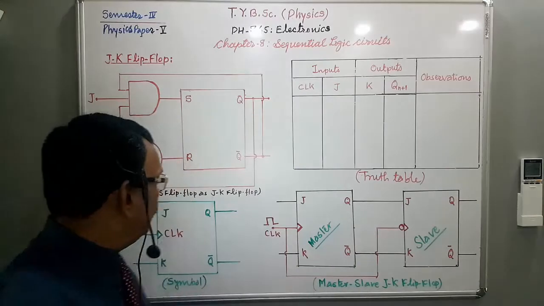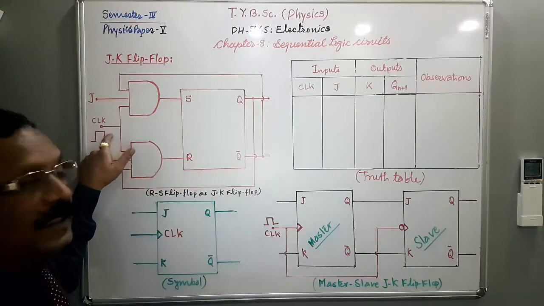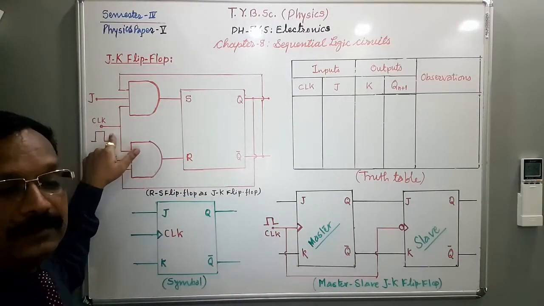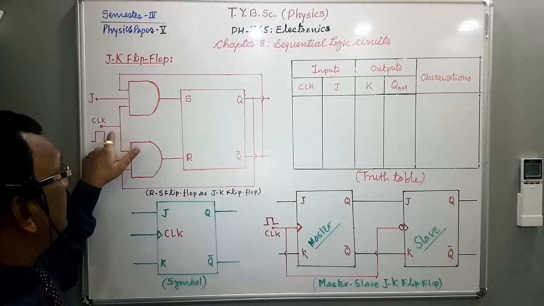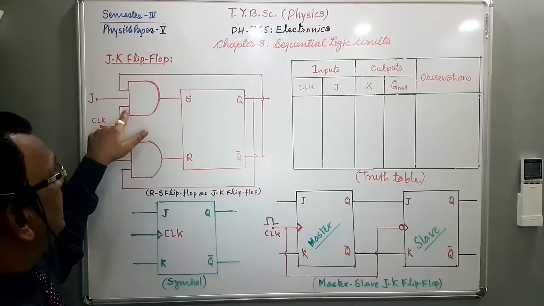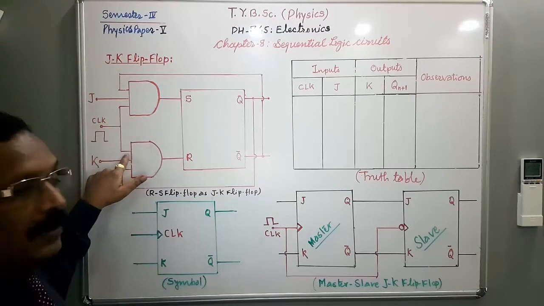When the clock pulse is low, here is 0 and here is 0.